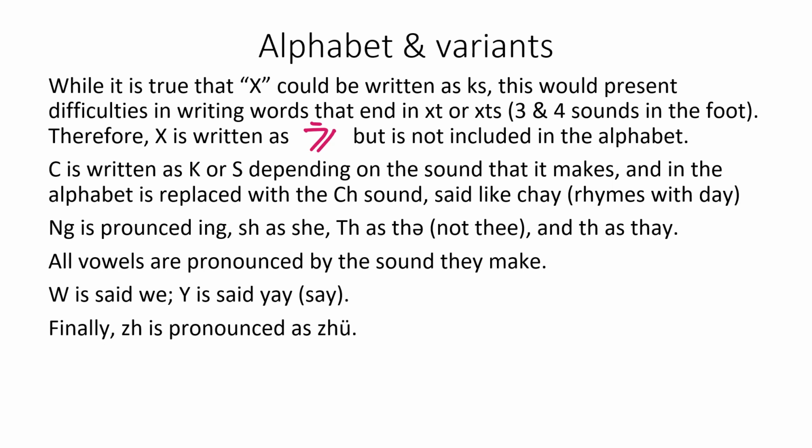The voiced TH, the, and the unvoiced TH, they. All vowels are pronounced by the sound they make. W, instead of being such a long thing, is now just said we. Y is yay. Finally, the new ZH is pronounced as ju.